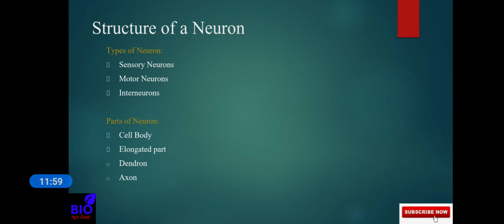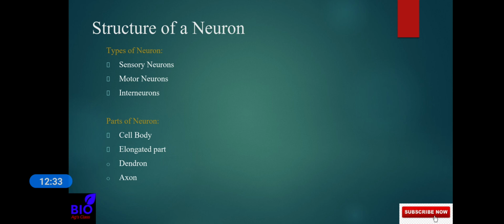Each neuron cell body has a nucleus, Golgi body, endoplasmic reticulum, mitochondria, and some other components. That means they have some similarities with other cells, which have a nucleus, Golgi body, endoplasmic reticulum, mitochondria, and different other cell organelles.